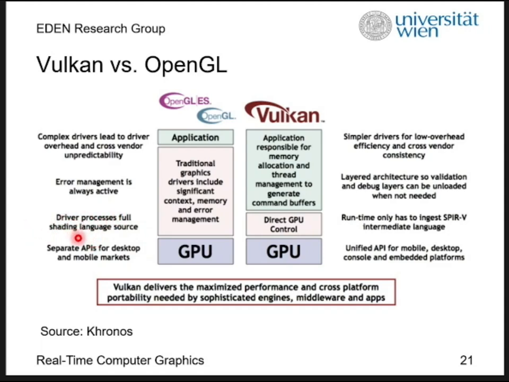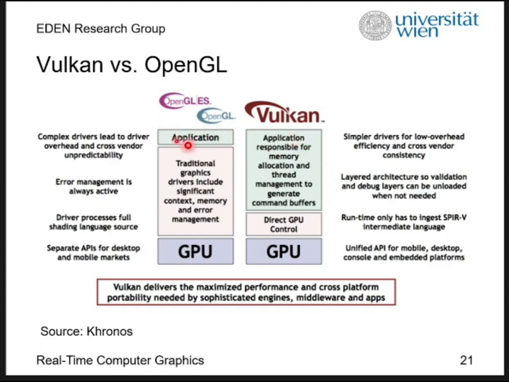The driver processes the shading language, complex driver, a lot of overhead, cross-vendor unpredictability, and things like that. And now the Vulkan driver, and on top of that is your application, is more this approach here. So this is really like an abstraction of the graphics driver itself. And a lot of stuff is done by your application. Now we already see the difference.